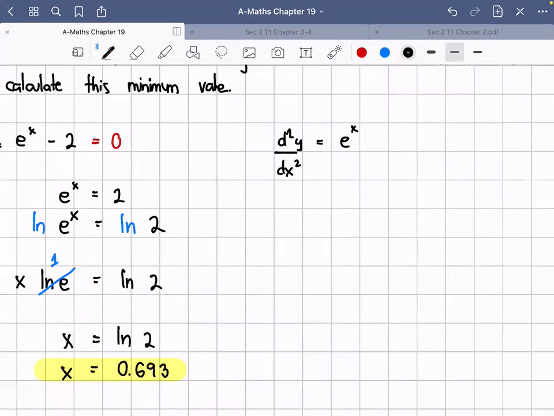And then plugging in, when x is equal to 0.693, we plug it there. So what's your final answer? You need your calculators on this one.